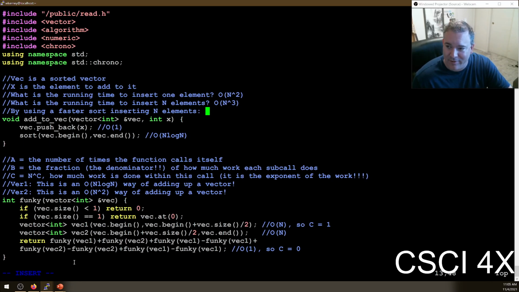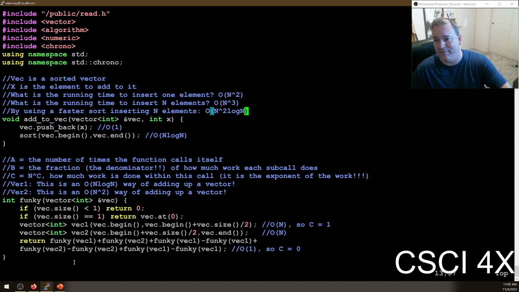What's the running time if they used the standard library instead of writing their own? We're inserting n elements still. So what is the running time to insert n elements? It's n times n log n. So it is in fact order n squared log n.